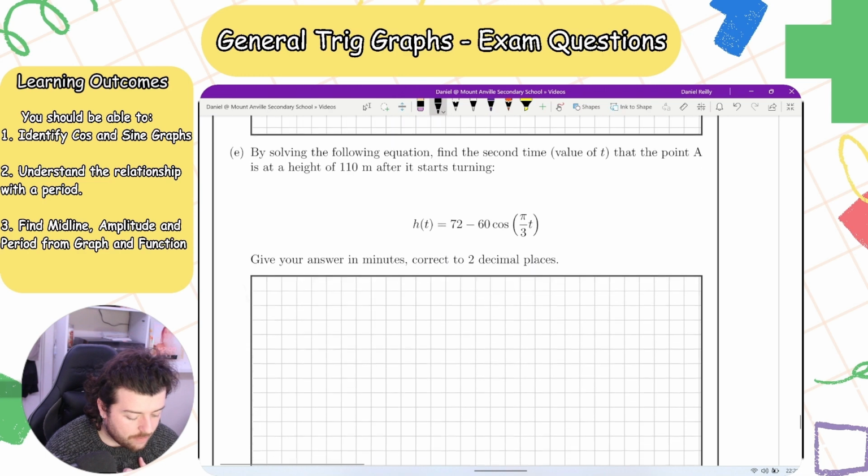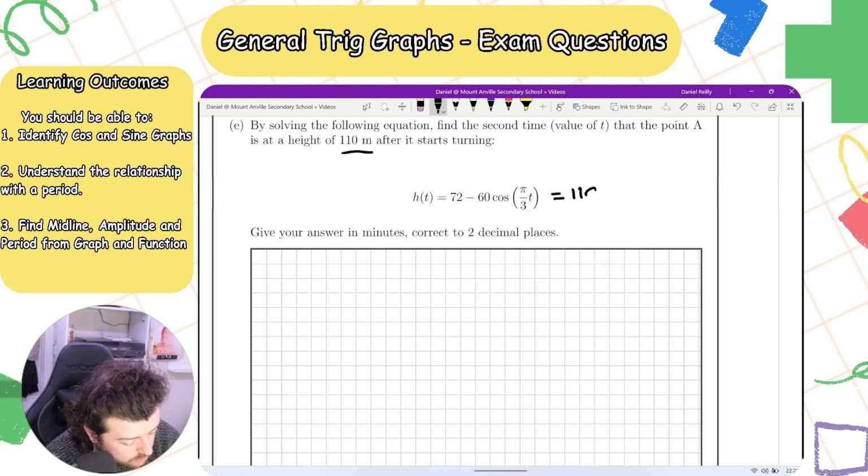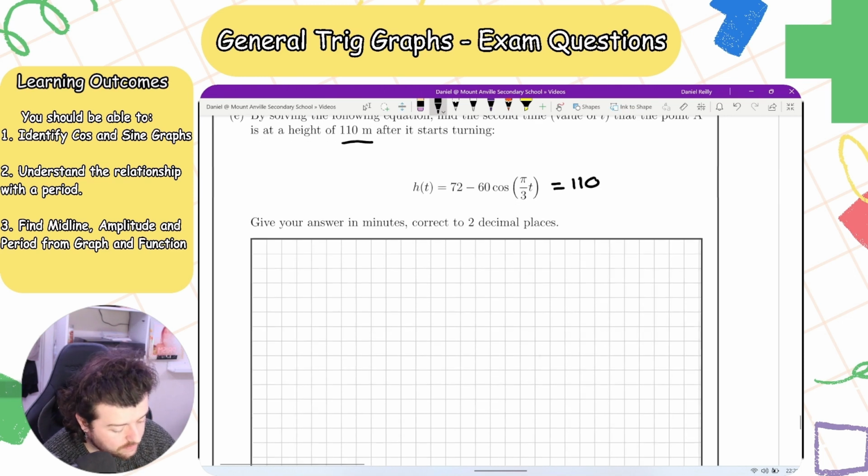And then finally, by solving the following equation, find the second time that the point is at a height of 110 meters after it starts running. So find the second time. So I only need 2 times for this. So when it's at a height of 110 meters, I'm finding when my function is equal to 110.